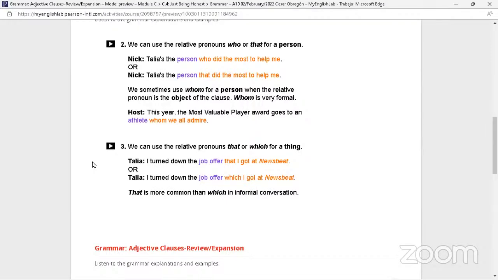We use that or which when we're talking about a thing, and it's more common to use that. In my case, I use that more often. It's up to you to use either one, as long as we are making reference to a thing, okay?